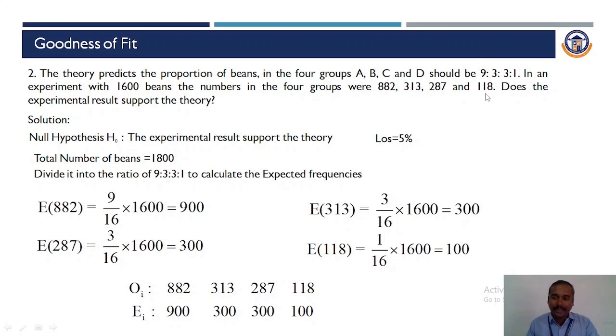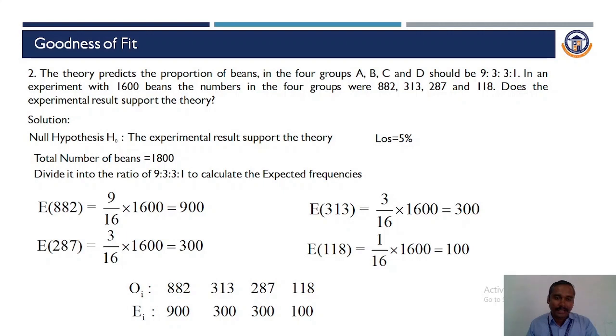The expected frequencies are in the ratio of 9:3:3:1. So in this case we have to divide these 1600 beans in this ratio 9:3:3:1 for calculating the theoretical frequencies, that means the expected frequencies.